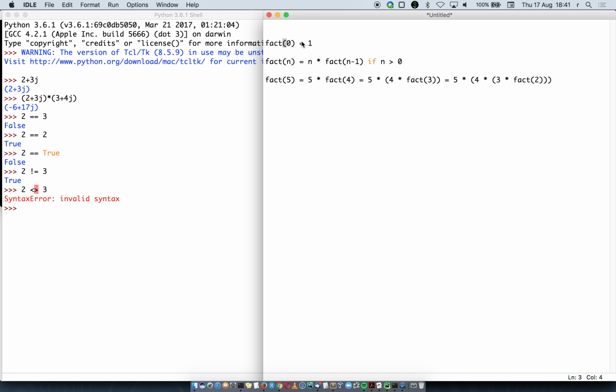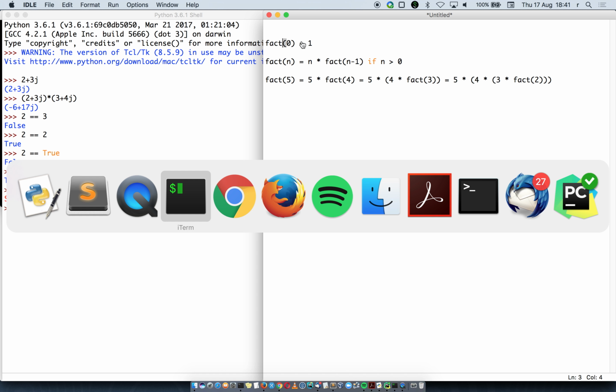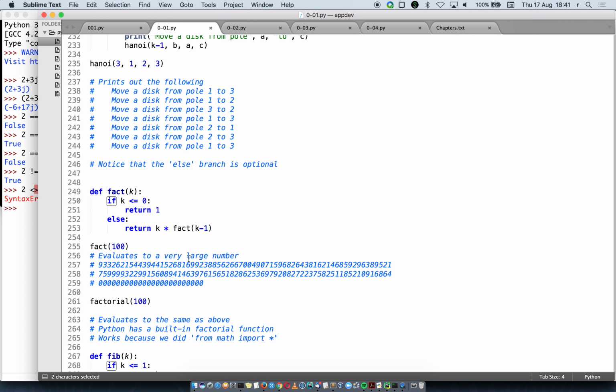So guess what? The computer can do the same. We're going to translate this definition into Python, exactly as you see. This is the definition. Factorial of k: if k is less than or equal to 0, we're going to assume that factorial of negative numbers is 1, wrongly. But we don't care.